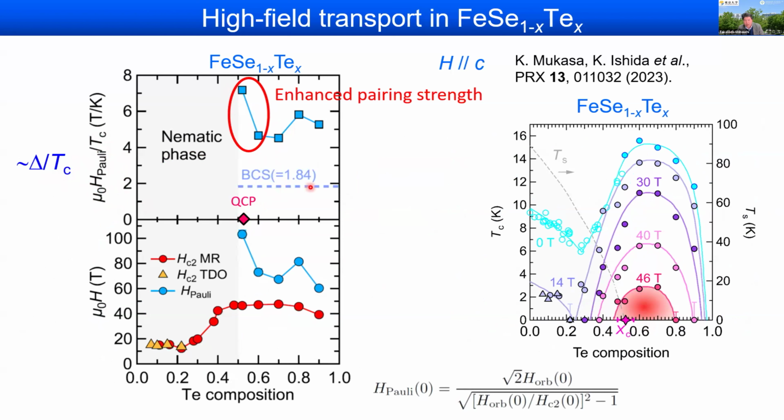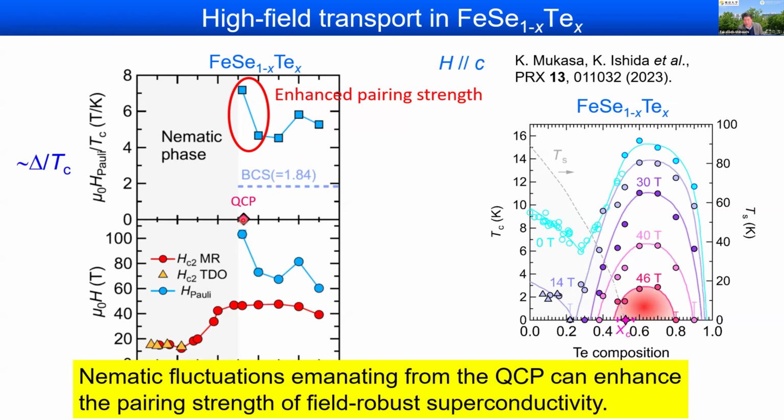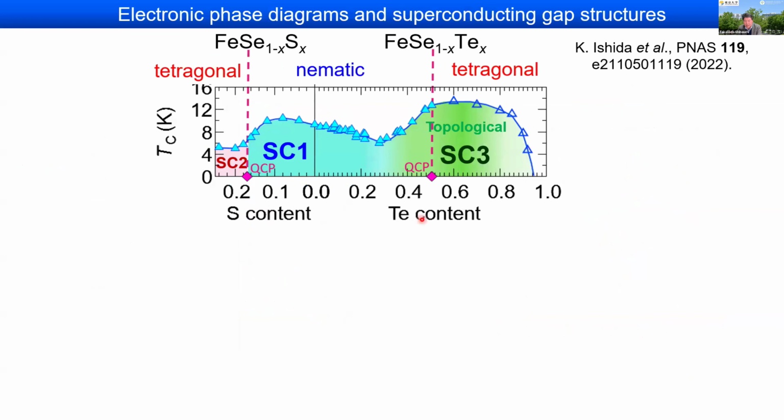This indicates that we have some kind of enhancement mechanism of the pairing strength near the QCP. From this result, we conclude that nematic fluctuations emanating from the QCP can enhance the pairing strength of the field-robust superconductivity. I think this is a very interesting superconducting system.